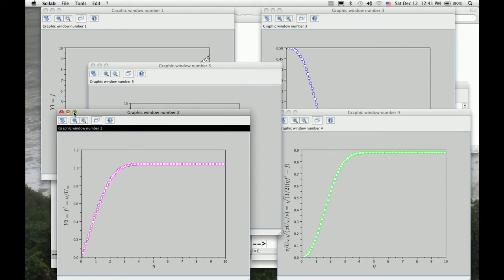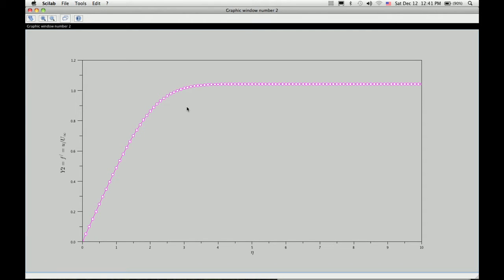What we get as an output from this plot is this value called y2, which comes from the code. If you look at the y-axis here, what I'm able to plot is f dash. From what we developed so far, f dash is nothing but u by u infinity. You remember u is equal to u infinity into f dash.